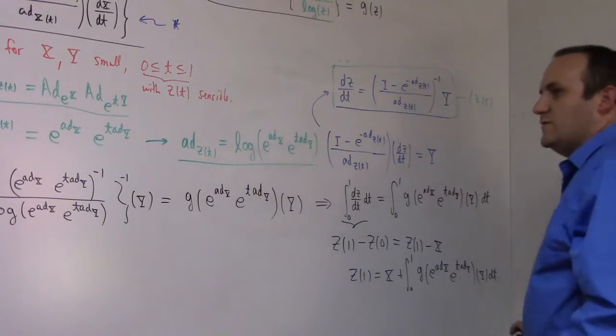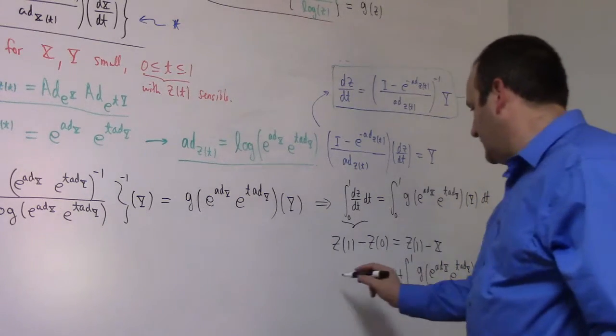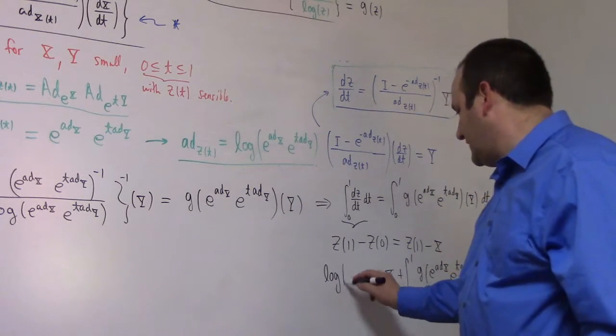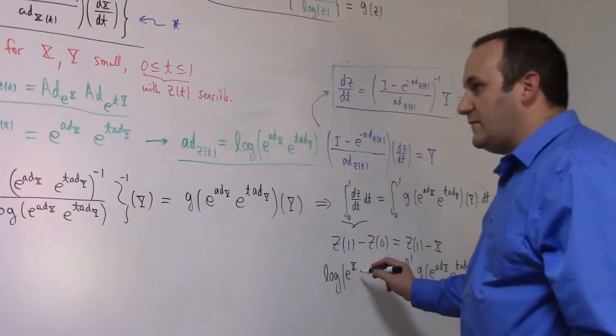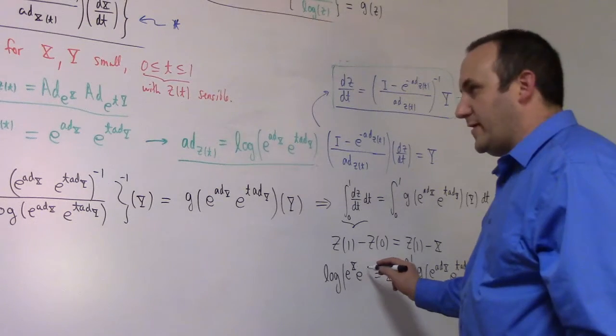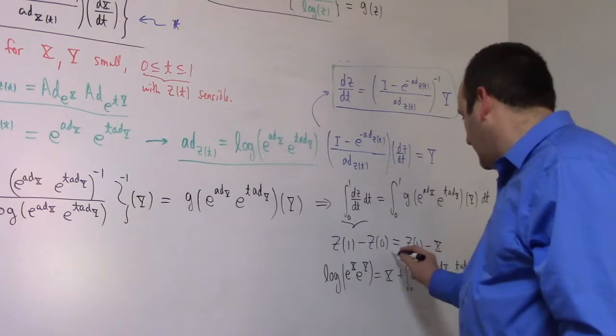So this is all basically a grown-up version of that integration by a parameter technique, right? You're after some identity for log of e to the x, e to the y.